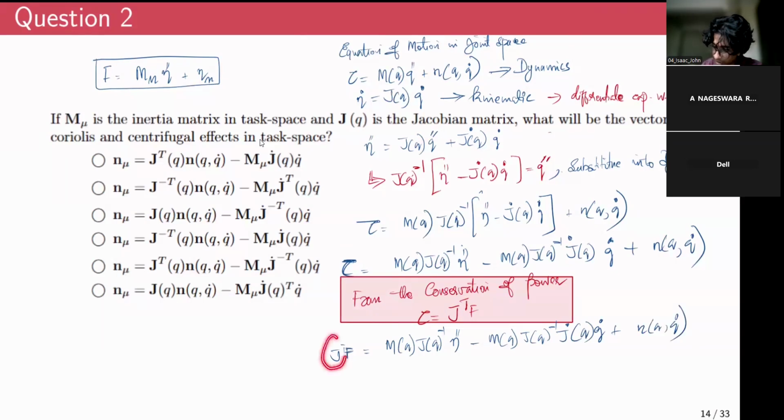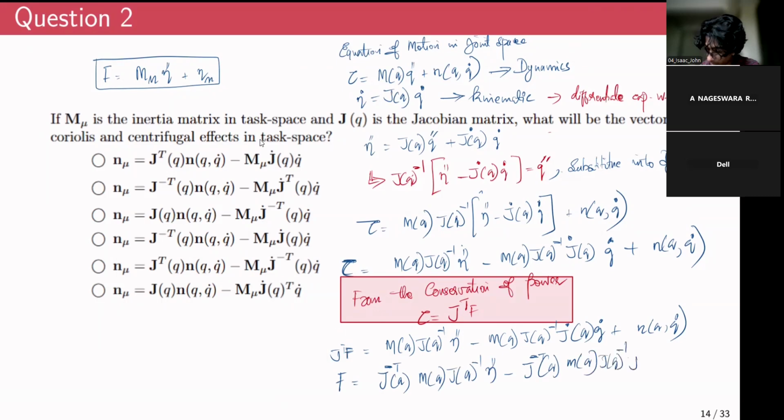Now, if I bring this J transpose to the other side of the equality, you will get F as J inverse transpose of q, M of q, J of q inverse, eta double dot, minus J inverse transpose of q, M of q, J of q inverse, J dot of q, q dot, plus J inverse transpose of q, N of q, q dot.